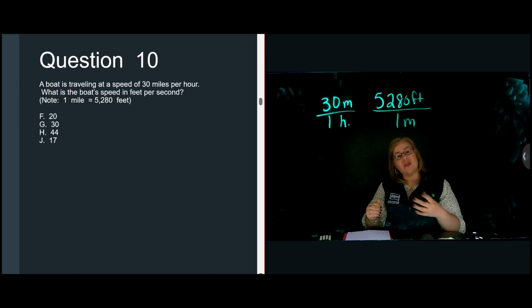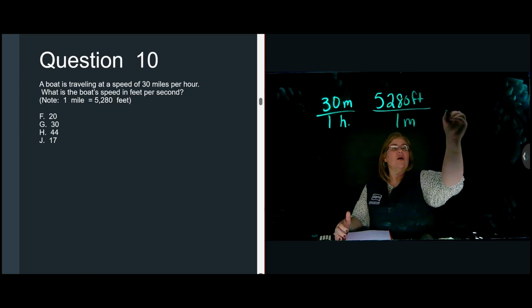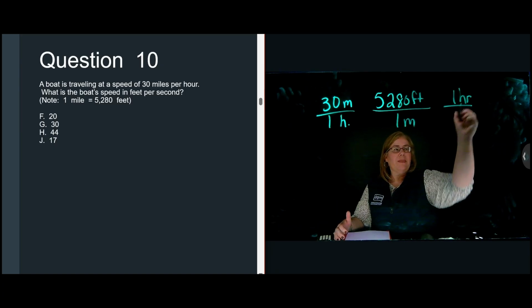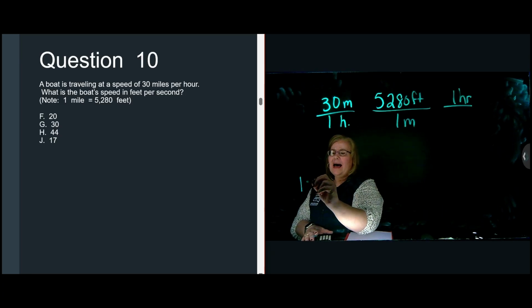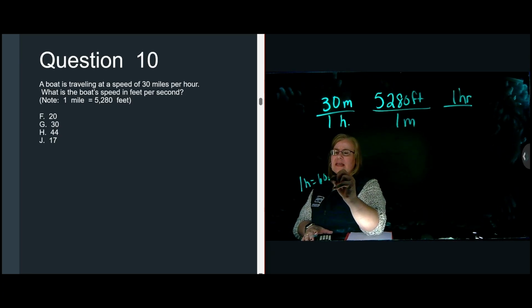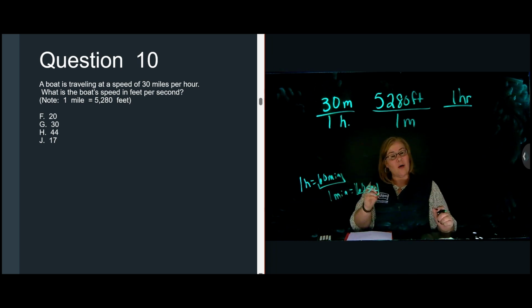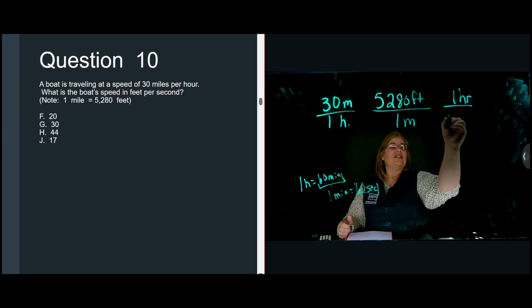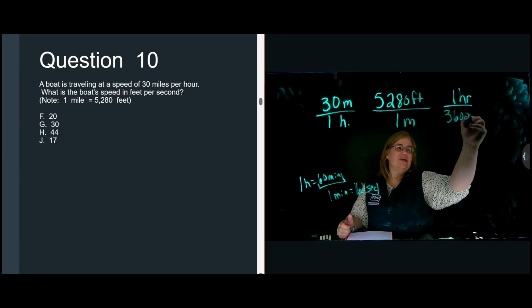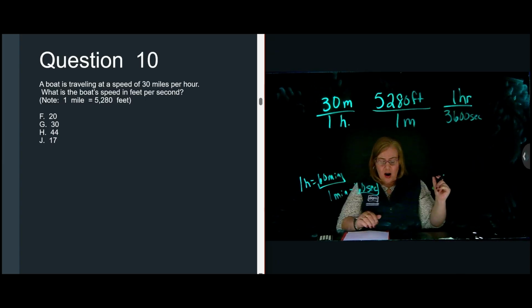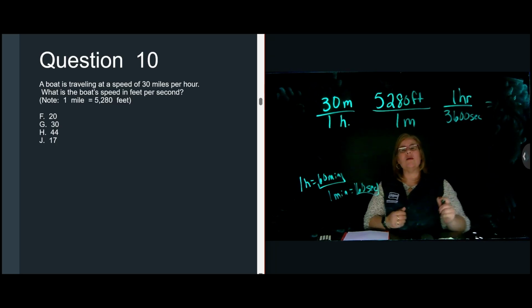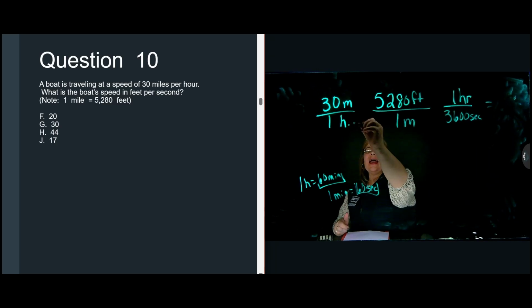So I need to convert those hours into seconds. So I know that 1 hour is what? Well, let's see, 1 hour equals 60 minutes, and 1 minute equals 60 seconds. So if I take 60 minutes and multiply it by the 60 seconds, I will get how many seconds are in an hour, which is 3,600 seconds.